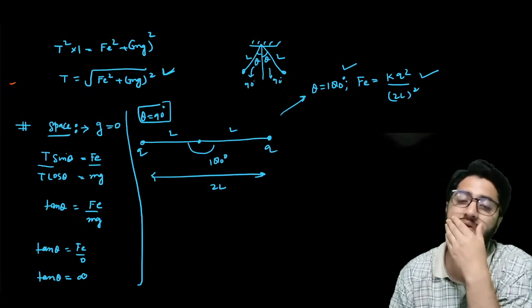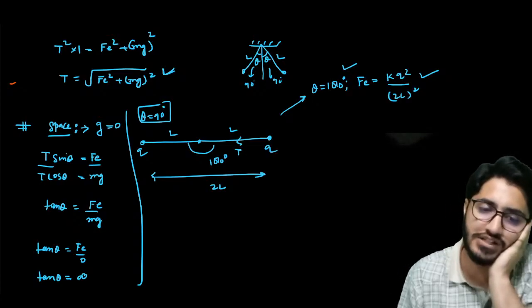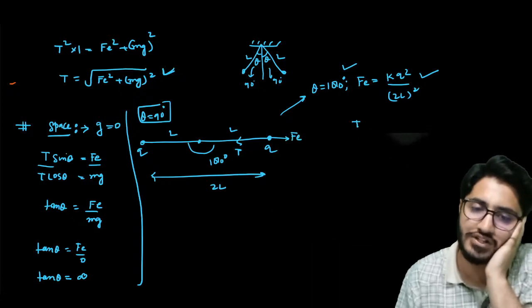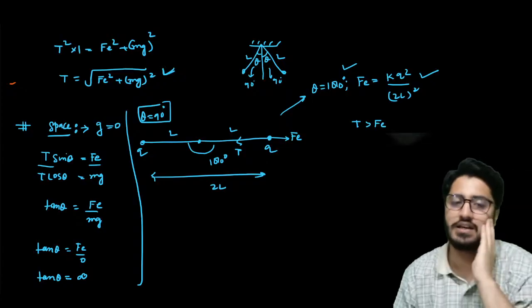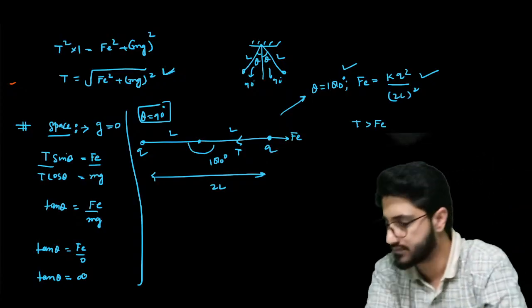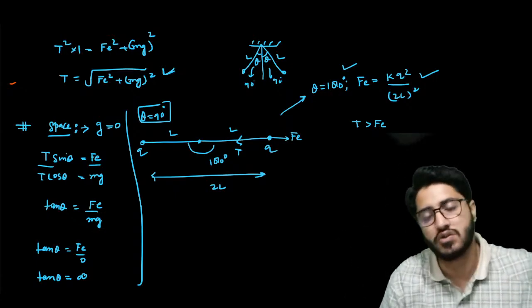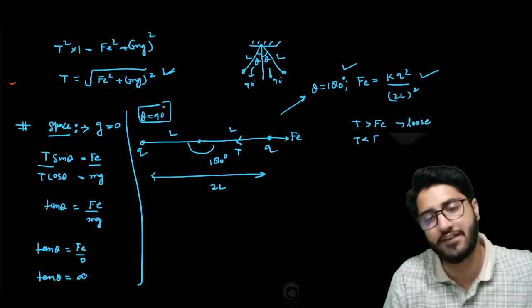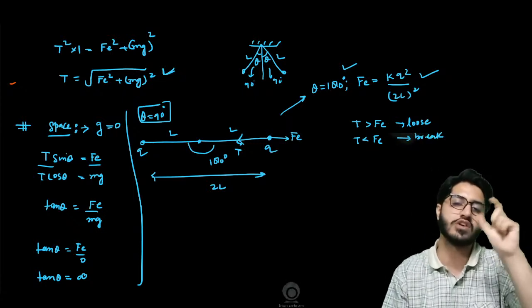This is how we can manipulate these things. Look here. Also, my tension is in this way, my force is in this way. If my tension is more than Fe, it will be loose here. If my tension is less than Fe, it will break. But neither is it loosening nor is it at the breaking point.